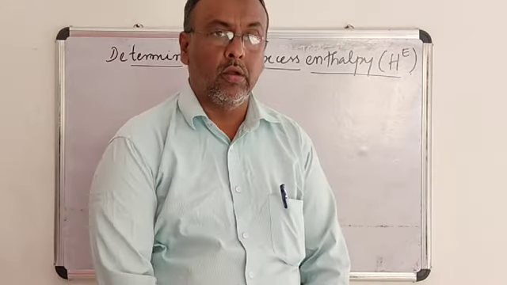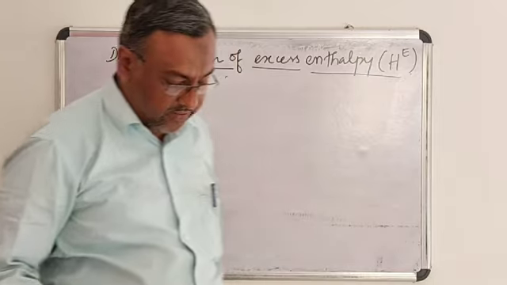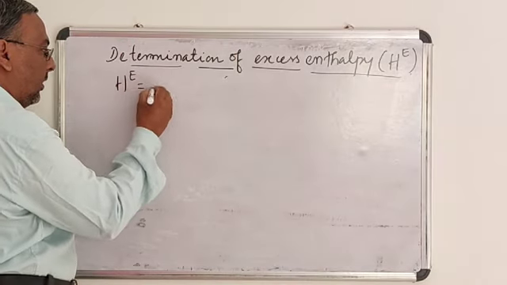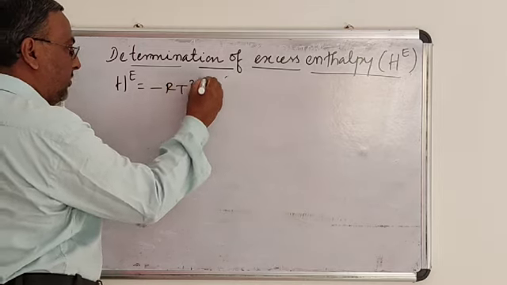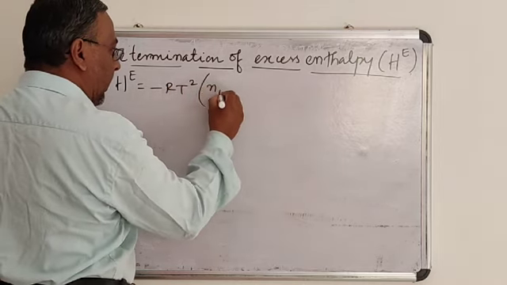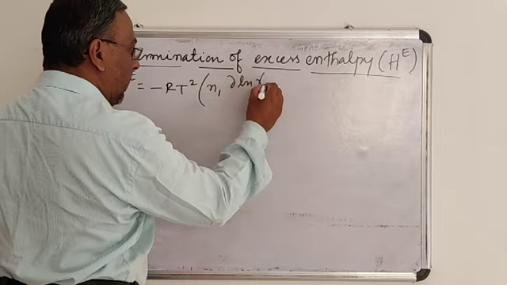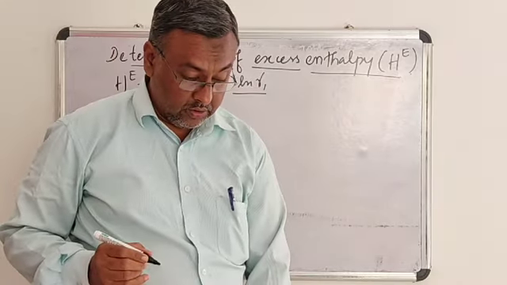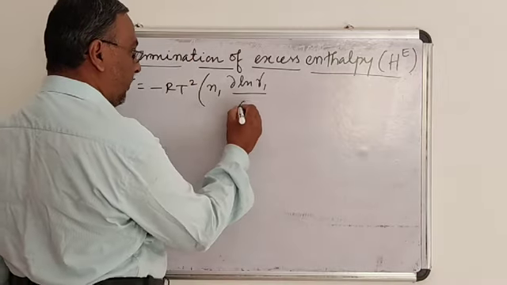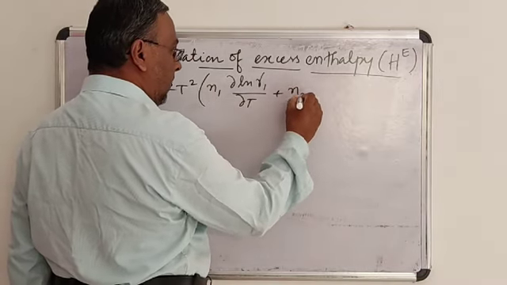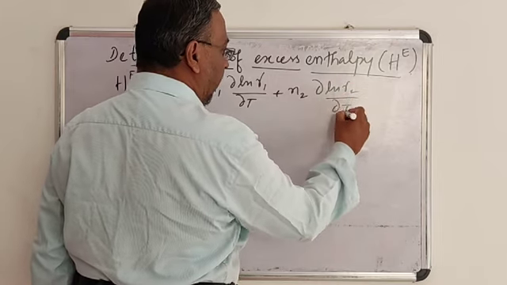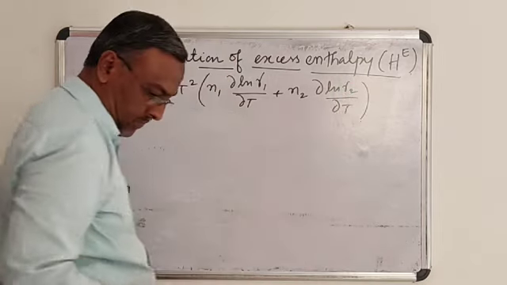Here also, we know that the excess enthalpy we have studied is minus RT square into N1 dou ln gamma 1 with respect to temperature plus N2 dou ln gamma 2 divided by dou T.